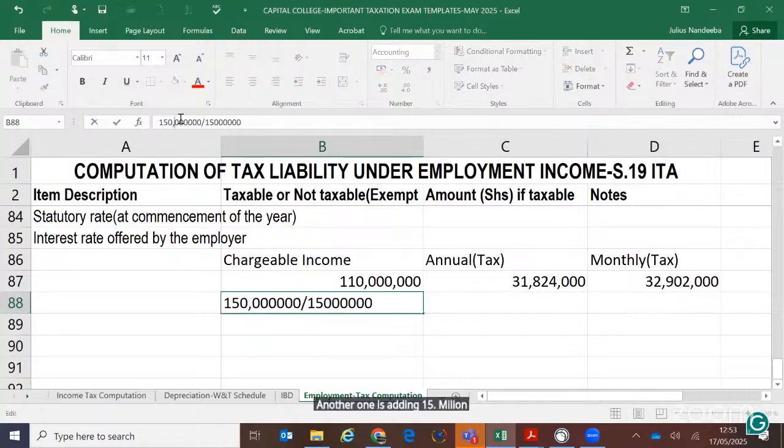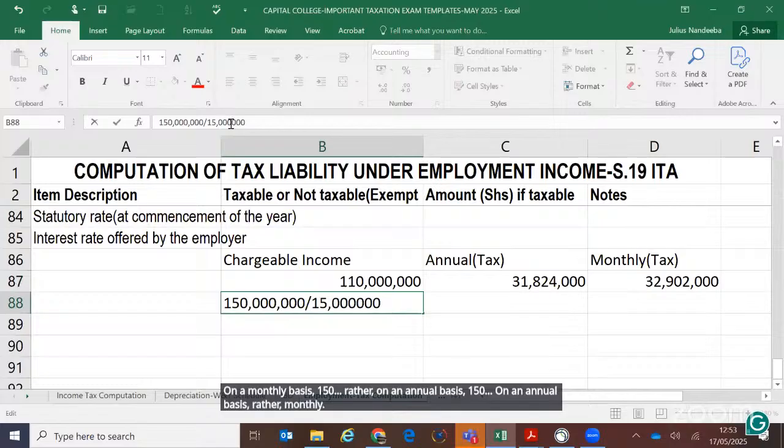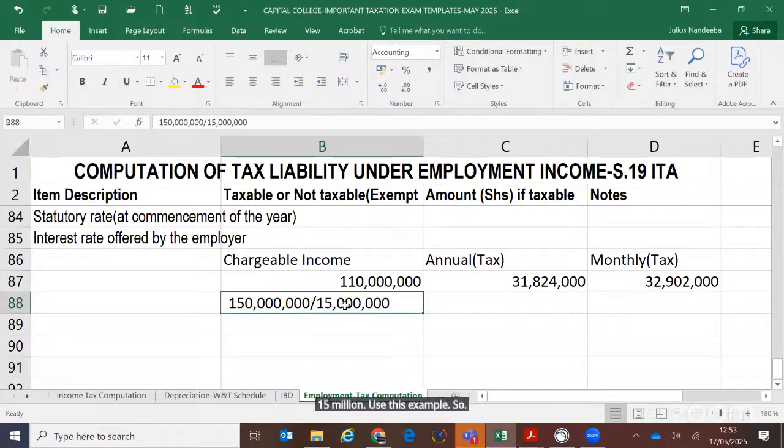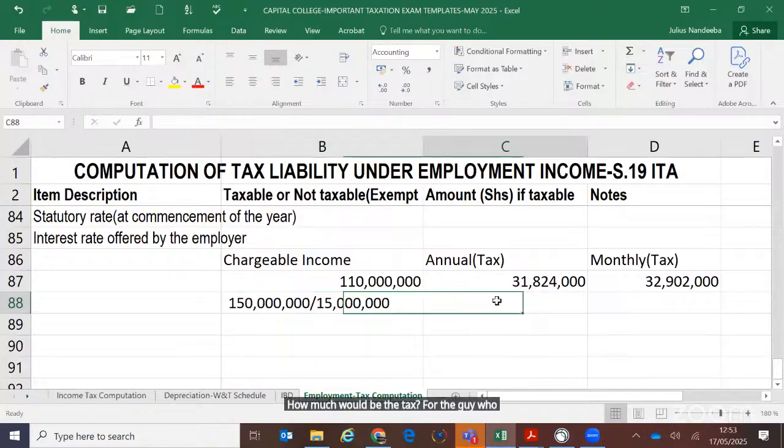On an annual basis, 150 million, on a monthly basis, 15 million. Use this example. So on annual, assume this person is 150 million. But when it comes to the month, he earns 15 million for a month. How much would be the tax? For the guy who has annual 150 million, how much would be the tax?